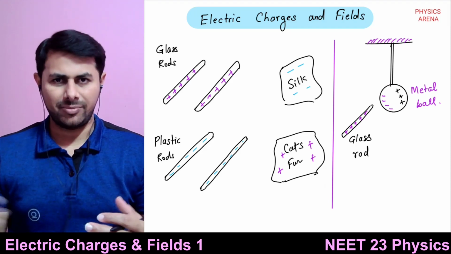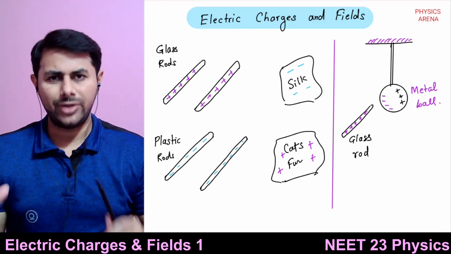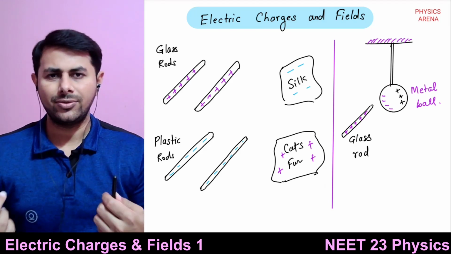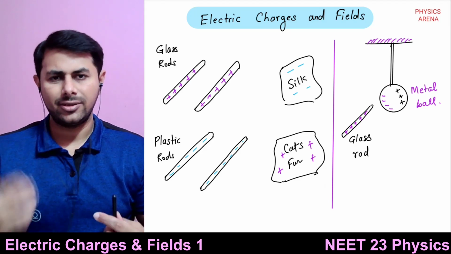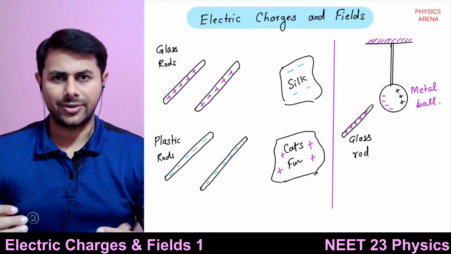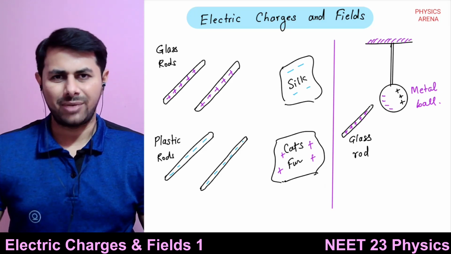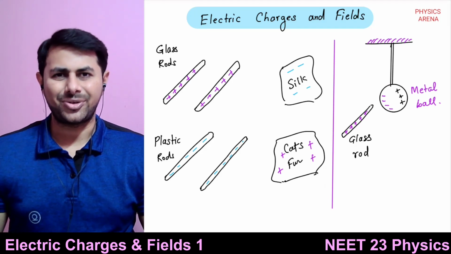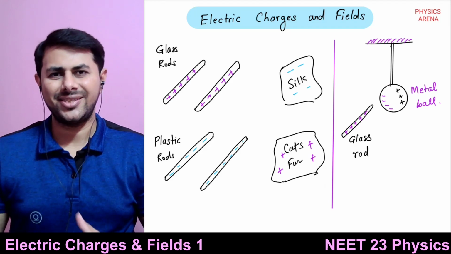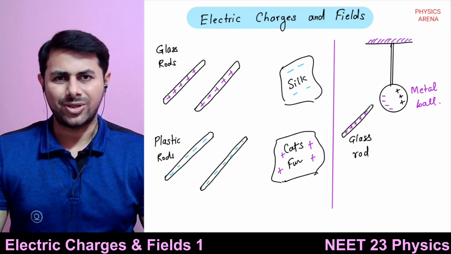This will determine what happens when you rub two bodies onto each other. The body which has more electron affinity will gain electrons, and the body which has less electron affinity will lose electrons. We don't need to remember which bodies have more or less electron affinity, but if you are interested, you can check the table given in our NCERT book.